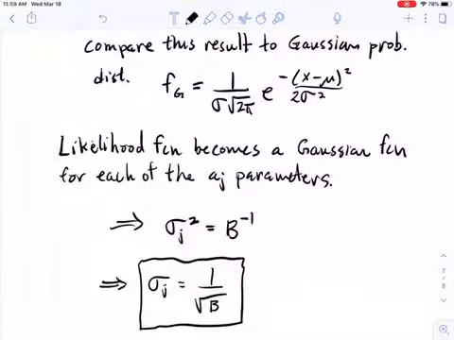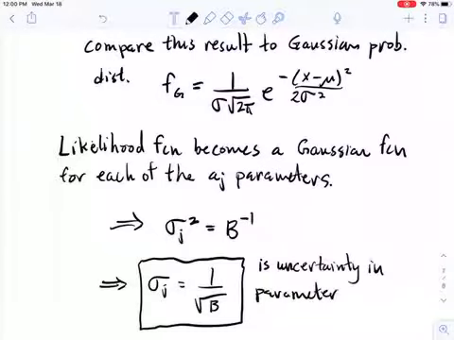We might have guessed that sigma j was inversely proportional to b. I mean, really what we probably determined is that it should be the case that as b gets larger, the uncertainty gets smaller, and that's certainly what we found. So this sigma j is the uncertainty in parameter aj.